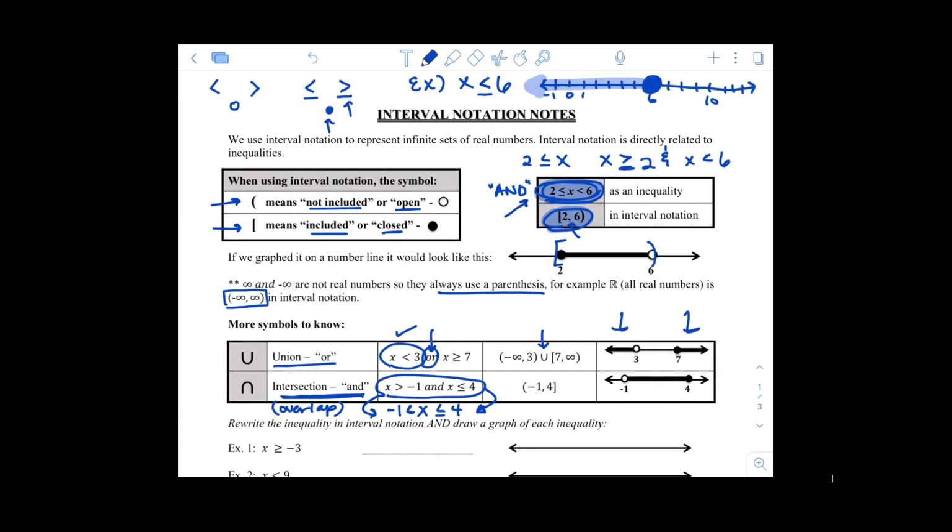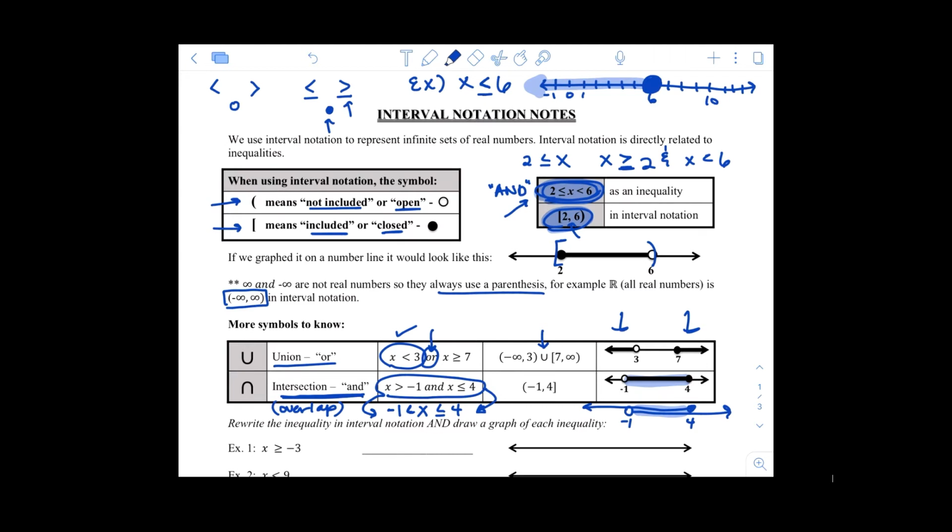I would have every x greater than -1 shaded, and I also have to have every x less than or equal to 4 shaded. On a number line, it's the overlap. It's the intersection. That's why it's this middle portion right there.